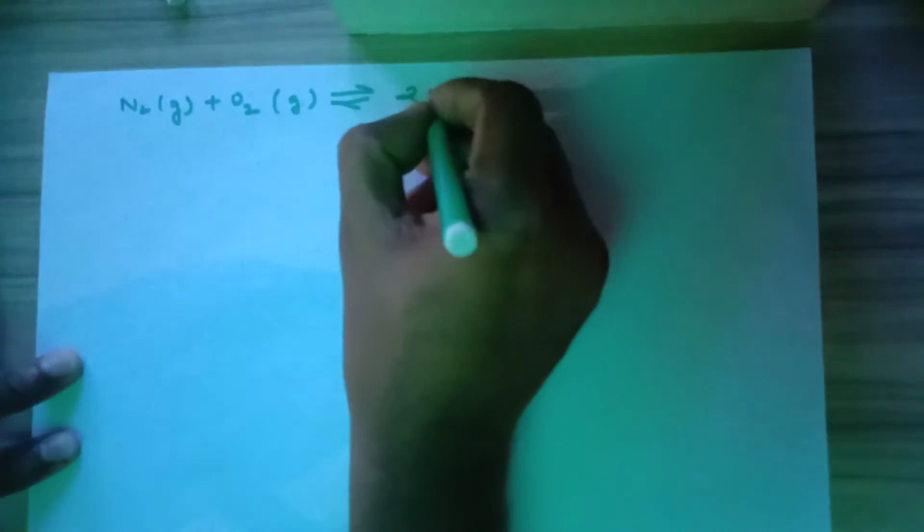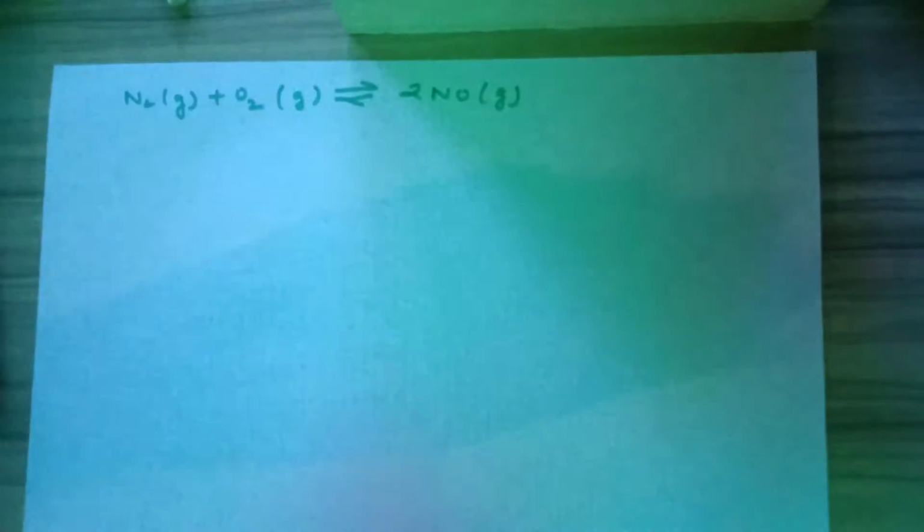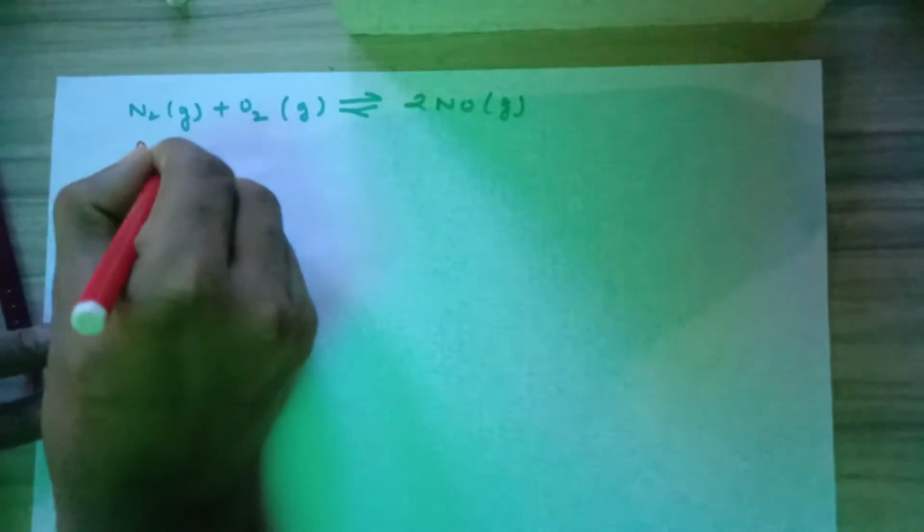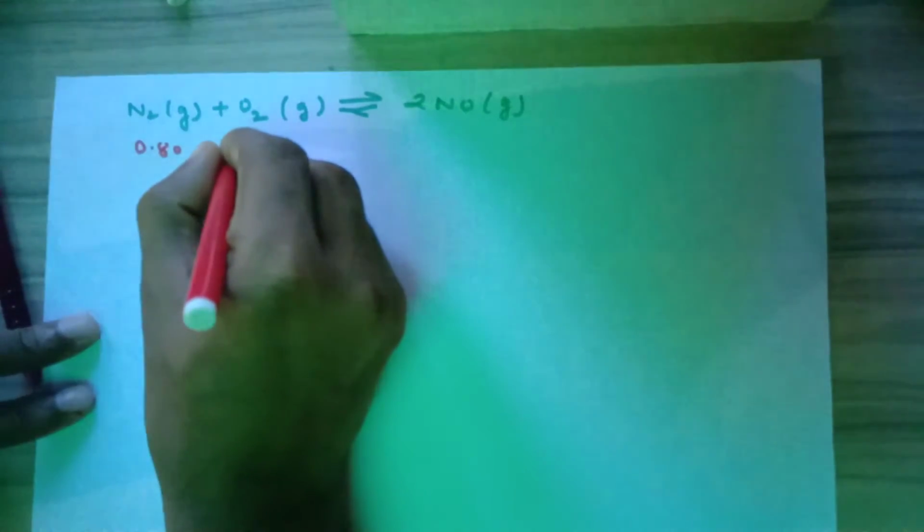What is given over here is that N2 gas reacts with O2 gas under equilibrium condition to give 2NO gas. Initially, the concentration of N2 is 0.80 and that of O2 is 0.20.